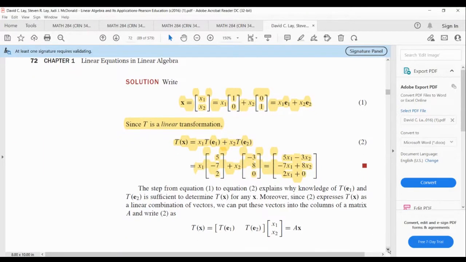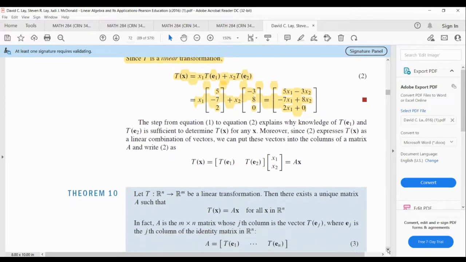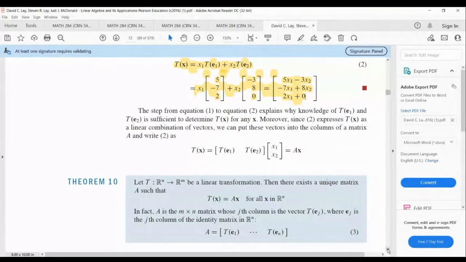Now, there is another piece, an important part to this. Theorem 10 says that, let's say you have a transformation that maps vectors in n-dimensional space to m-dimensional space.